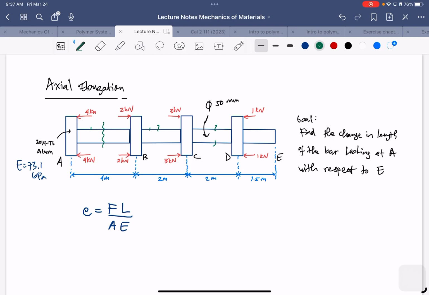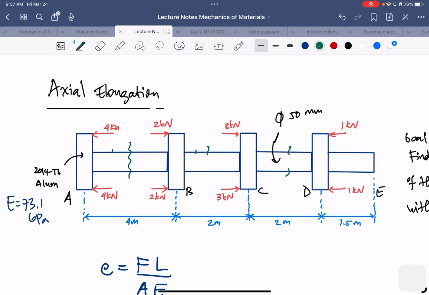So we take 8 going over there, 8 kilonewton, maybe inside here.